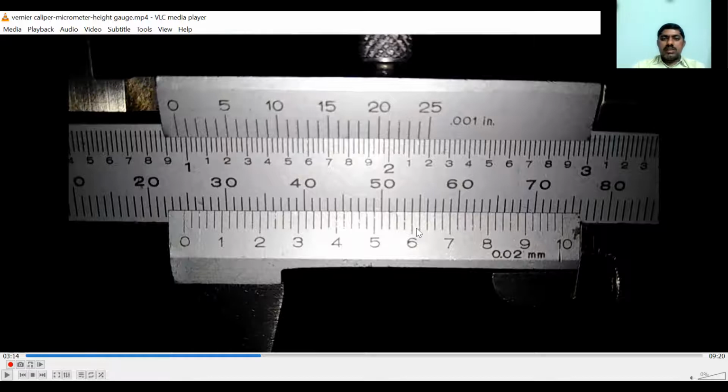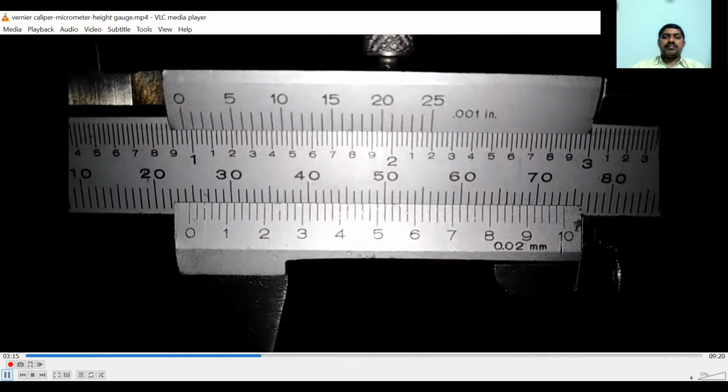Let us see here this division, 30 plus 1, the 31st division is exactly coinciding with the main scale. That means 24 is the main scale division, and 31 is the vernier coincidence. 24 plus 31 into 0.02, that is 24.62 mm. That is the inside diameter of the cylinder.